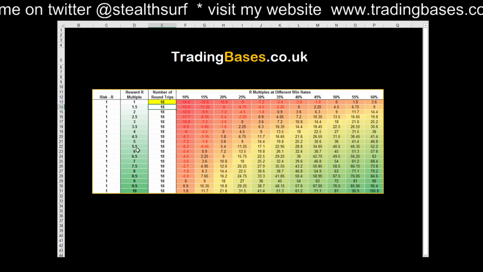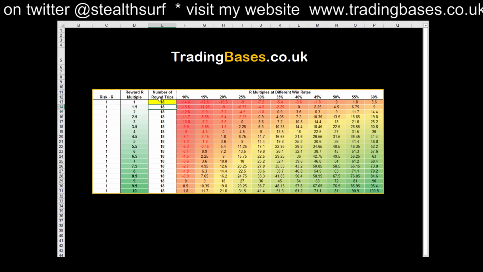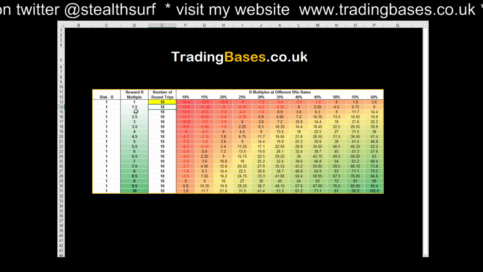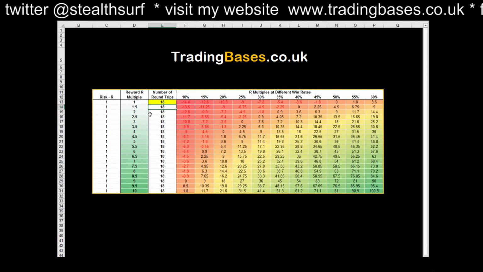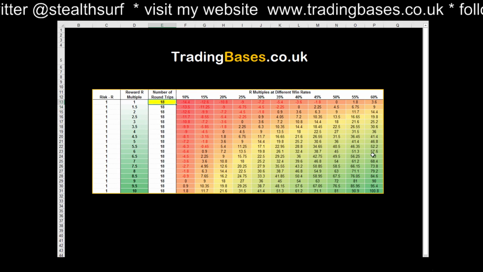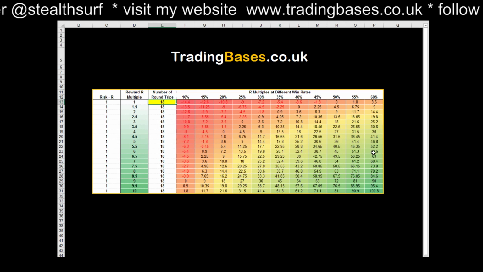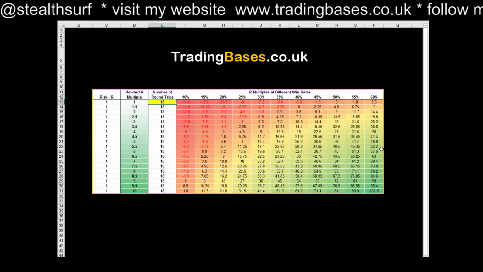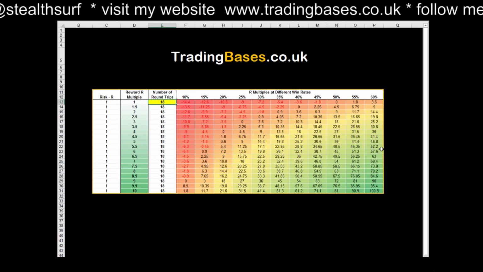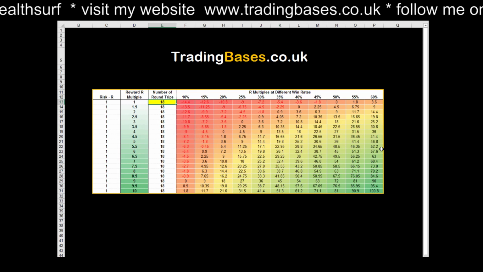It's kind of pulling it into line a bit with the risk being consistent all the way through. So that is a fantastic market. That's where you should be in a good market. It's a grindy market at the moment, but it's been a fantastic market. I'm riding some big winners. I've compounded some big winners.